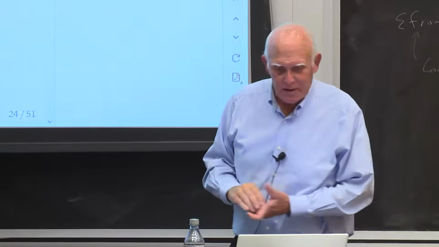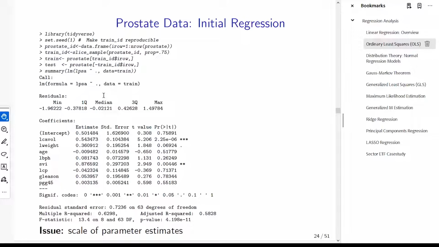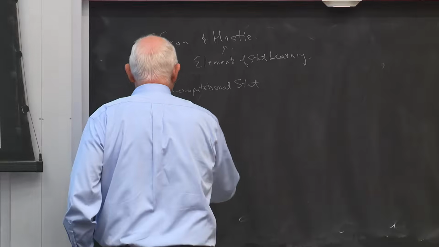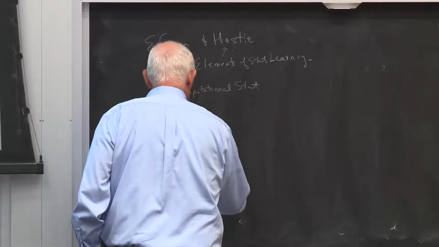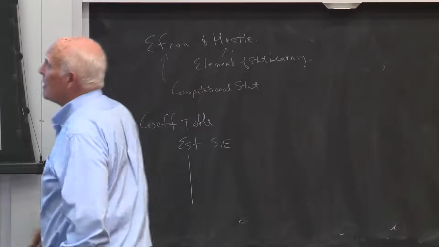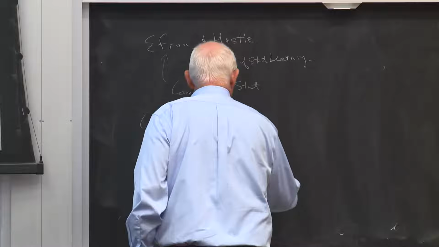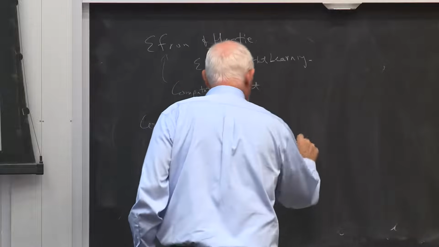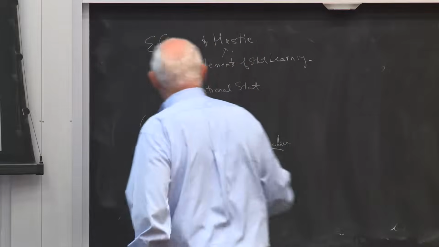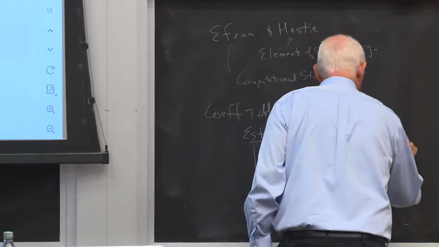If we just fit a simple regression, we get output from the regression, which consists of a coefficient table with an estimate column, a standard error column, a t-value, and finally what's called a p-value column.